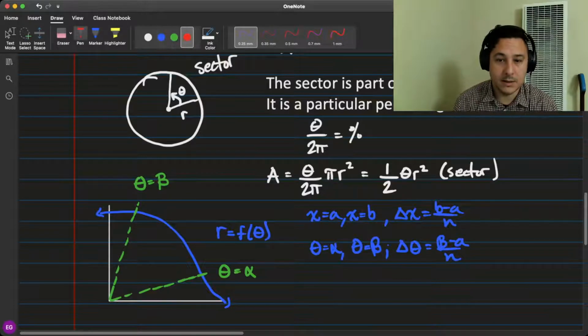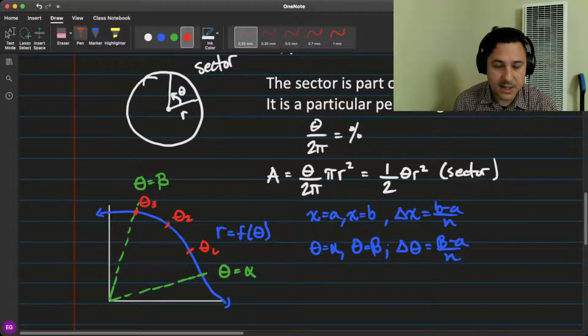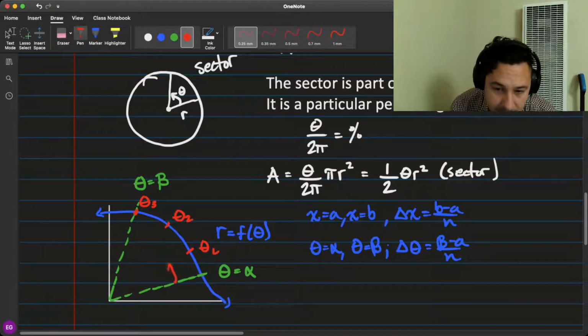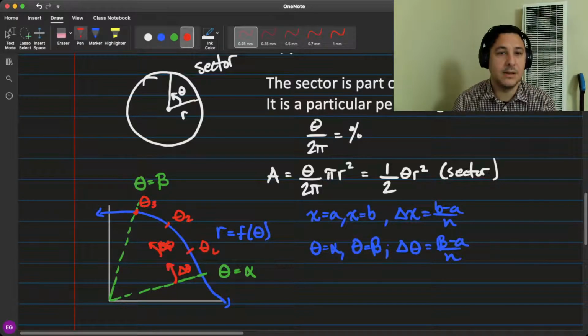You would get a number right here, a number right here, and a number right here. This would be your theta 1, this would be your theta 2, and this would be your theta 3. They're each delta theta apart in terms of the amount that you rotate. You would rotate delta theta, rotate delta theta, and then rotate delta theta.